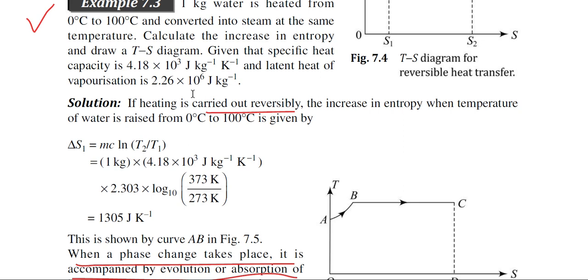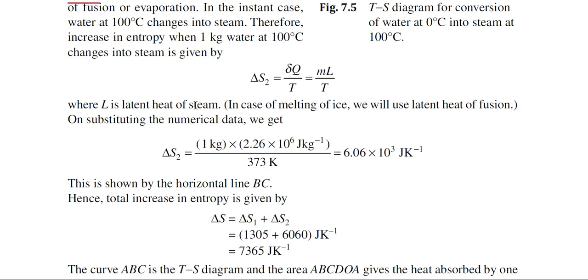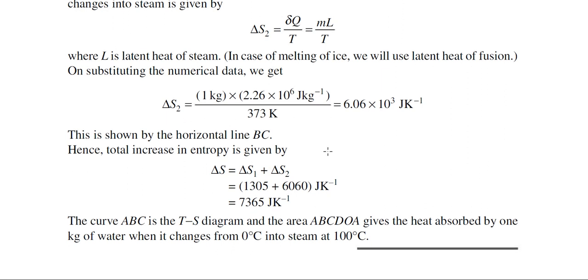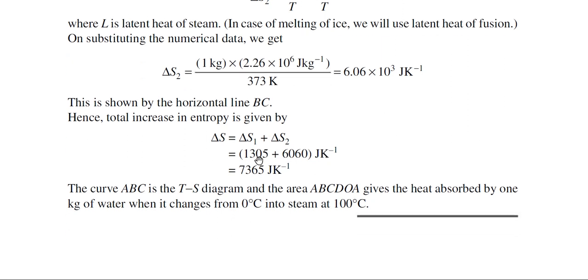The mass of the water is 1 kg, so you calculate mL by T, where T is the temperature of vaporization of water, that is 373 Kelvin. So, this is delta S2. Ultimately, the total change of entropy will be the sum of the entropy changes in these two steps, that is delta S1 plus delta S2.